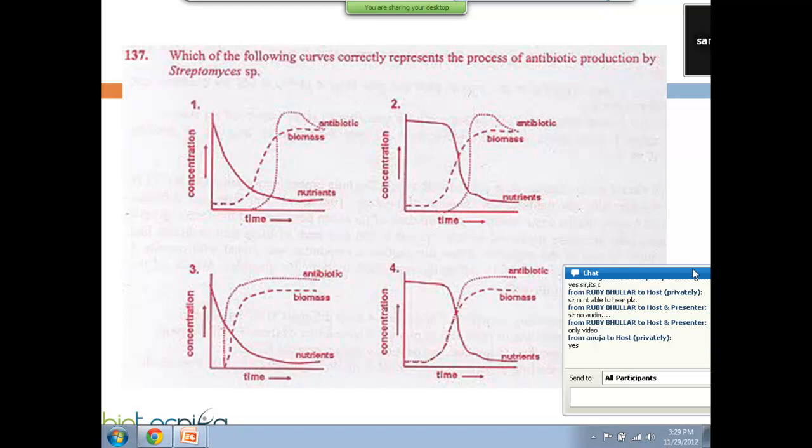Okay. So, which graph exactly shows the production of antibiotic by Streptomyces species?